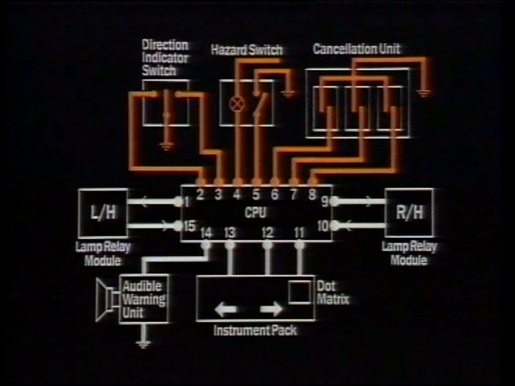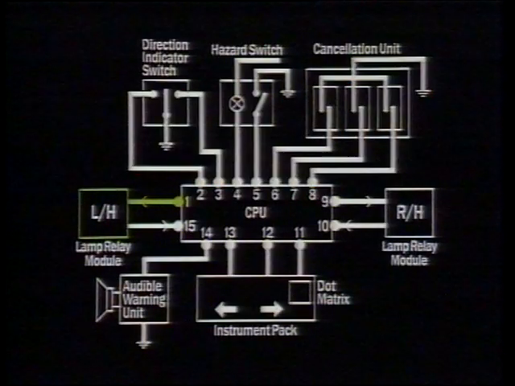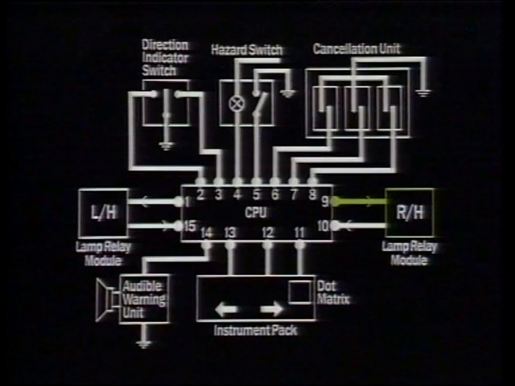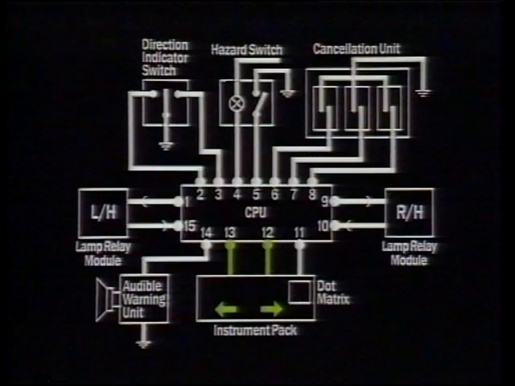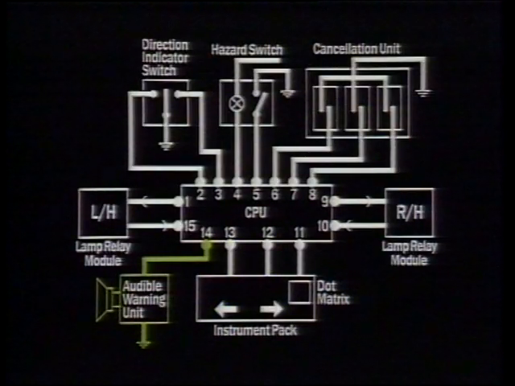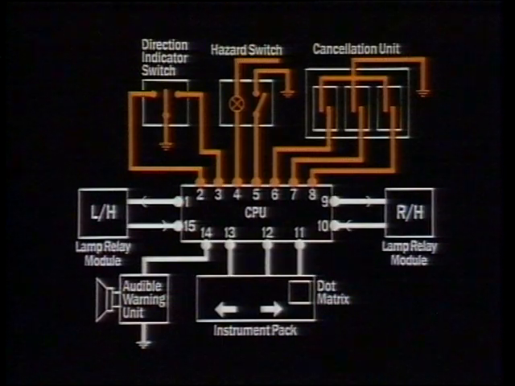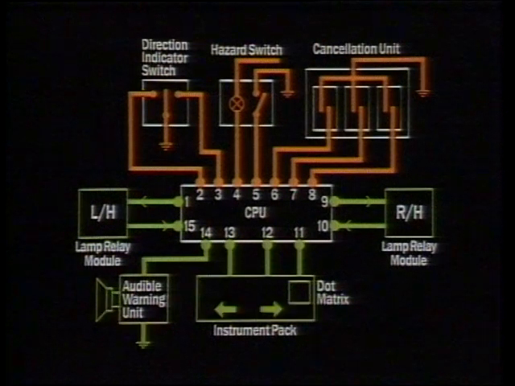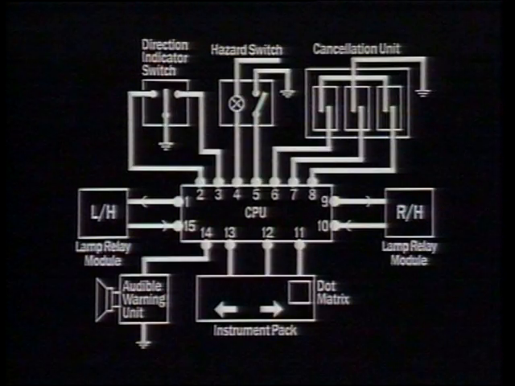All these switches have input lines to the central processor unit, and the central processor unit has outputs to all the other indicator accessories: the left-hand lamp relay module, the right-hand lamp relay module, the dot matrix, the instrument pack, and the audible warning unit and its speaker. Information received by the CPU is called an input, and information sent out is called outputs. We've numbered the pins on the CPU for the purpose of our identification only.